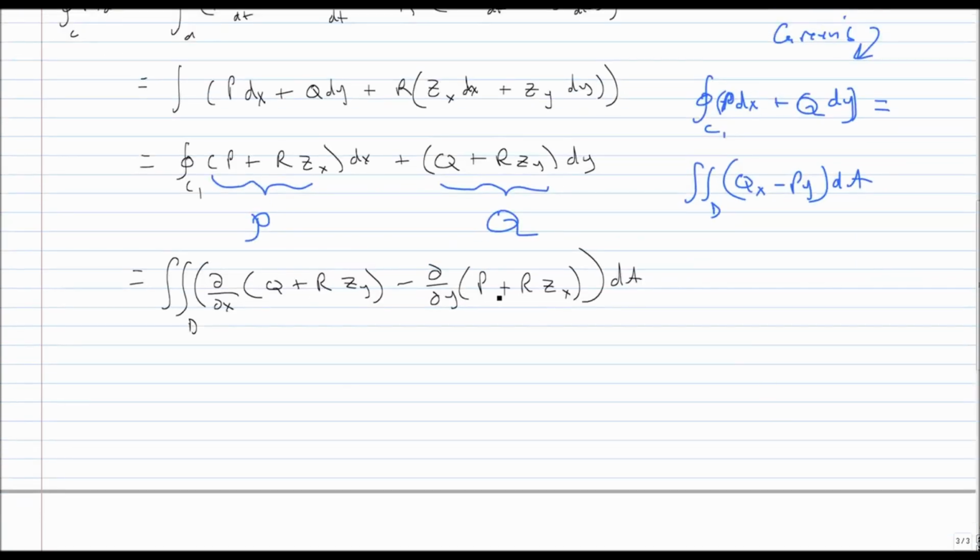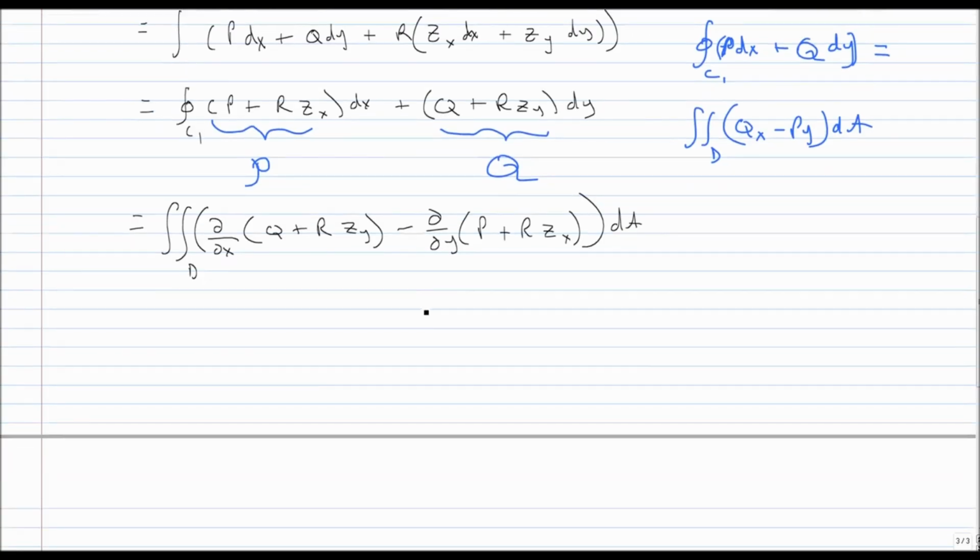So we're not done yet. We're still working on the left-hand side. I said before that we were going to have to use the chain rule a couple times. Well, we're going to have to use it again, because remember we said that P, Q, and R are all functions of x, y, and z. So let me just rewrite this for simplicity, and I'll include all the variables that these are functions of. Watch how fast I can write this.